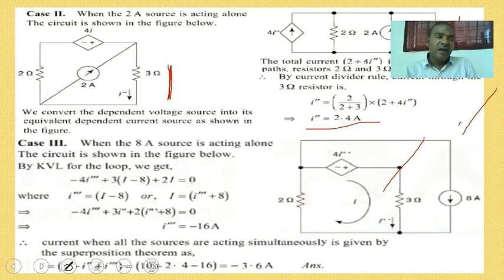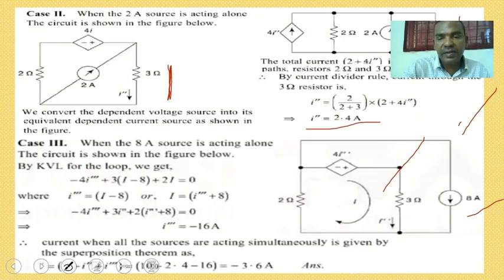So next, coming to the third case. The third case is the 8 amperes current source acting. The remaining sources are made 0. So I triple dash we are calculating. For this, I am going for the application of Kirchhoff's voltage law for this loop. So we are getting minus 4 times of I triple dash plus 3 into that current value.